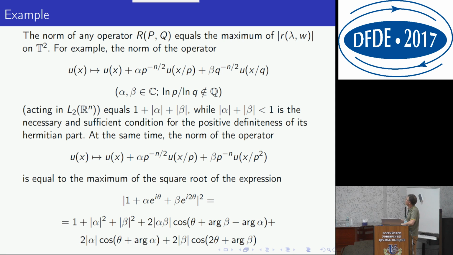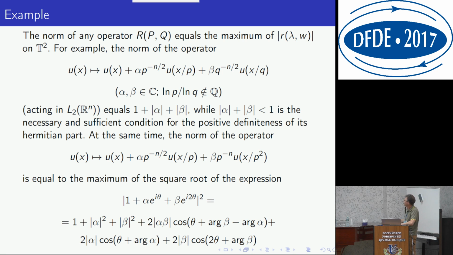The only thing we have to do is consider this very simple function of lambda and w, which is 1 plus alpha lambda plus beta w, and of course the maximum of its modulus equals this. And if we want to know when the Hermitian part of this operator is positive definite, we come to this very simple condition. So incommensurable contractions give functions of two independent variables.